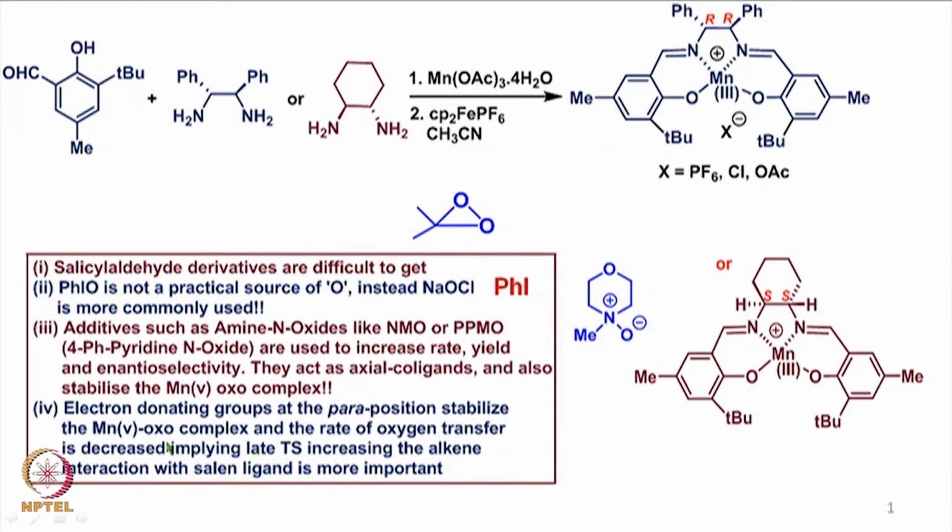It is also found that electron donating groups at the para position of the aromatic system stabilize the manganese(V) oxo complexes, and thus the rate of oxygen transfer from that manganese oxo complex decreases, which implies a late transition state that increases the alkene interaction with the salen ligand being more important.